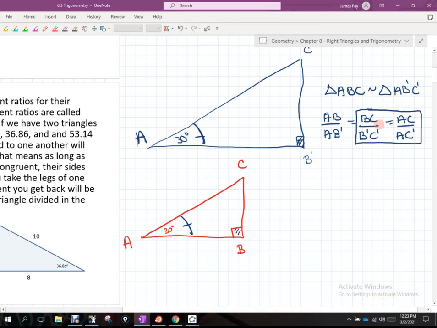Okay. We know that to be true because these were similar triangles, right? Now this information, that is coming off of taking BC over B prime, C prime. That's comparing this distance here to that distance there. It's going from red triangle to blue triangle, correct? I'm going to make a quick alteration.